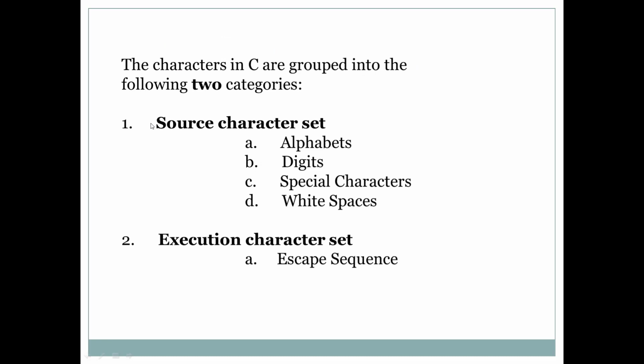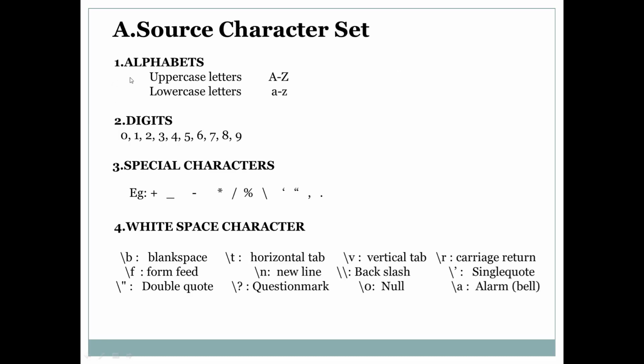The character set of C is divided into two: source character set and execution character set. The source character set contains alphabets, digits, some special characters, white spaces, and escape sequences. The alphabet contains uppercase letters and lowercase letters, and digits are from 0 to 9.